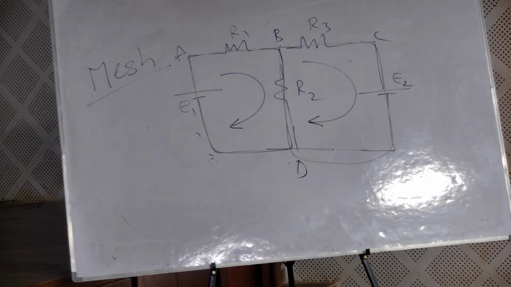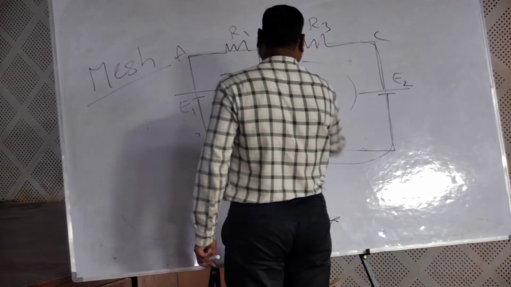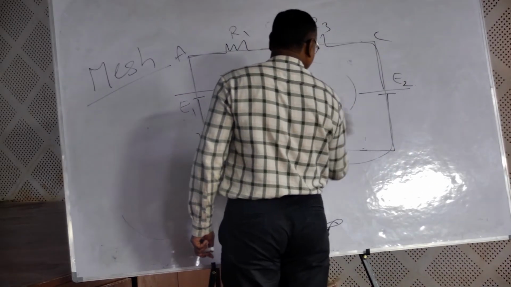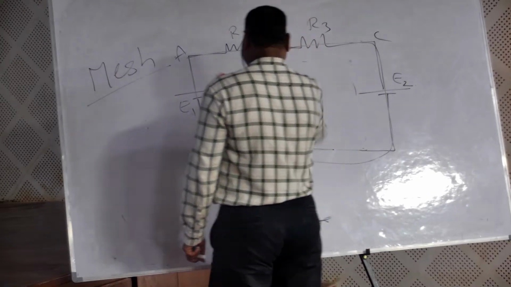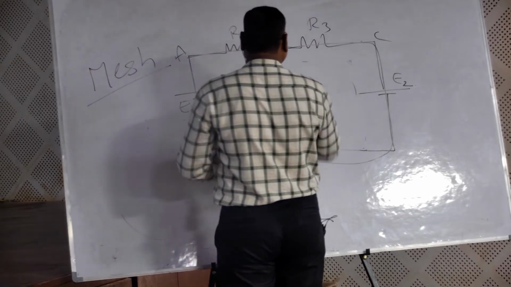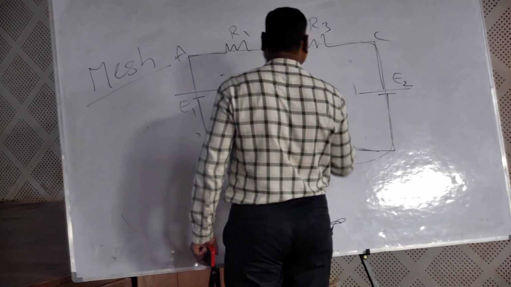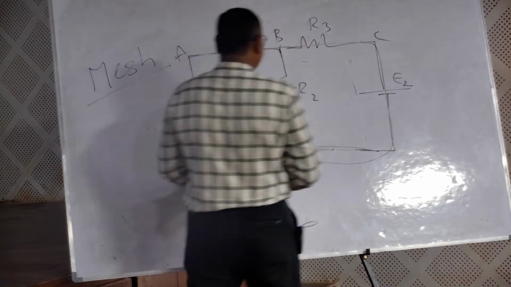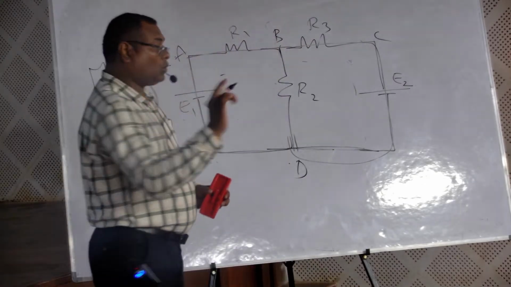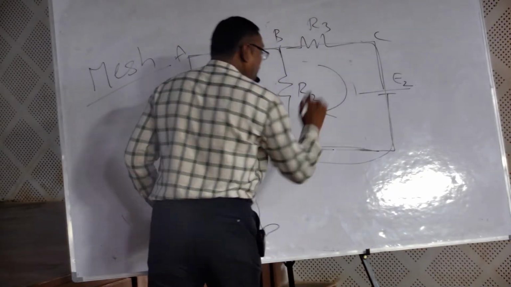Next one is loop. Closed circuits: loop one, loop two.